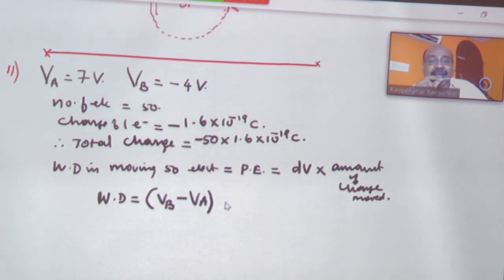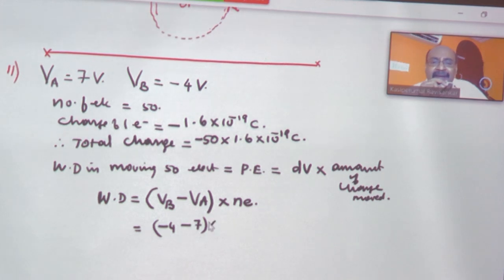So VB minus VA multiplied by the amount of charge moved, number of electrons multiplied by the charge of the electron. VB minus VA is minus 4 minus 7 volt, multiplied by number of electrons 50 into charge of 1 electron, minus 1.6 into 10 to the power of minus 19.